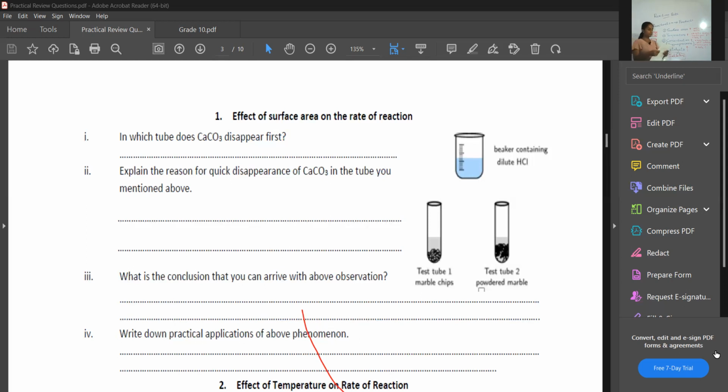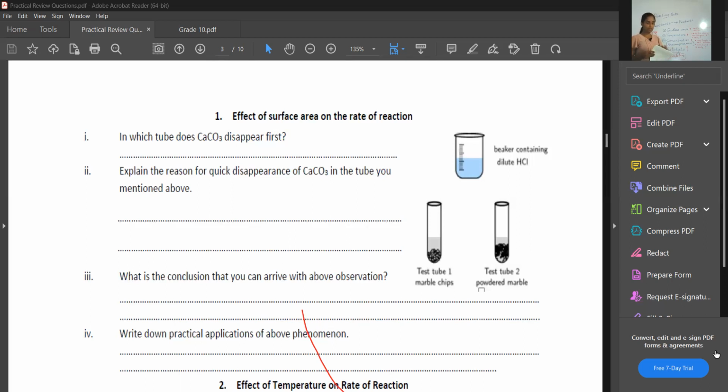Look at the effect of surface area on the rate of a reaction. Two test tubes are given. In test tube 1, marble chips are there, calcium carbonate in the form of marble. In test tube 2, the marble is in powdered form.